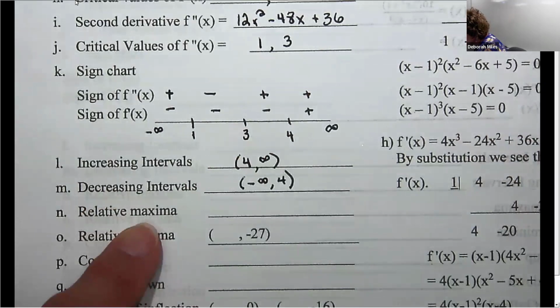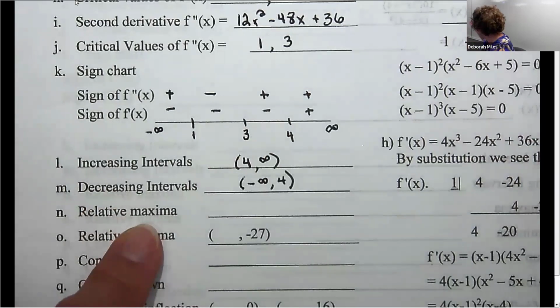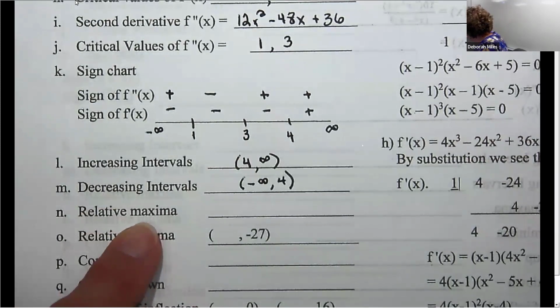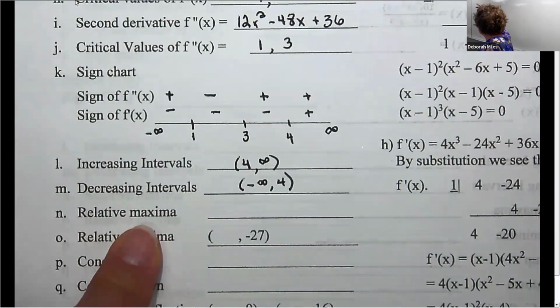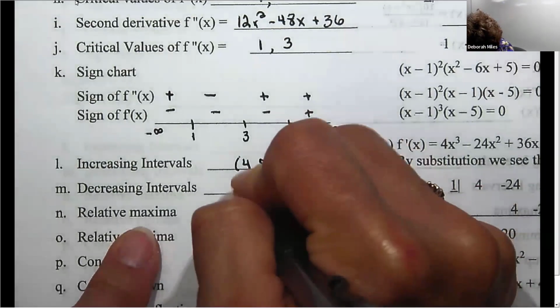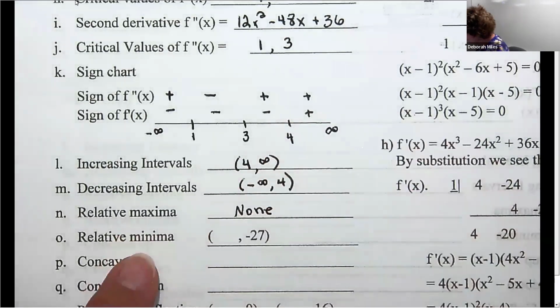Looking at the first derivative, how do you identify relative max? I want words, not the answer to what is the relative max, but how do you identify? When the function goes from increasing to decreasing, where the derivative goes from positive to negative. Does that happen? Doesn't happen here. And how do you identify relative minimum?